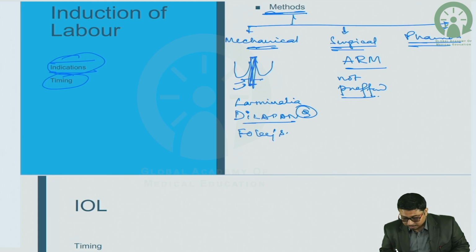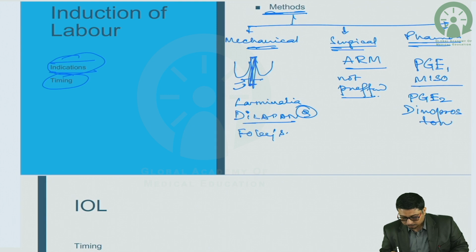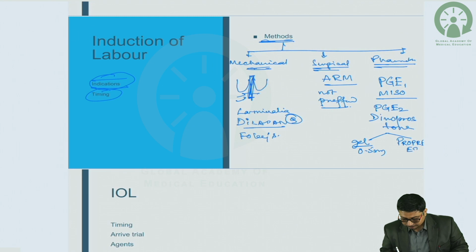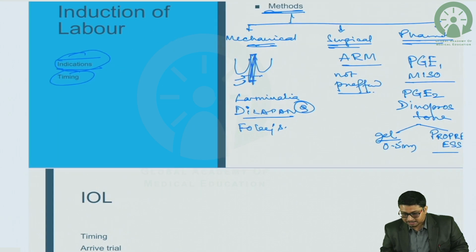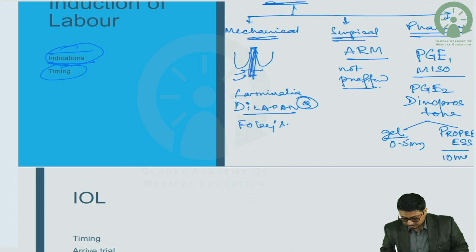Regarding the pharmacological agents, I would specifically like to talk about three prostaglandins. Prostaglandin E1, which is known as misoprostol; prostaglandin E2, which is known as dinoprostone, and this is available in two formulations: a jelly of 0.5 mg to be applied in the posterior fornix, or a pessary known as Propess, which is of 10 mg dose.